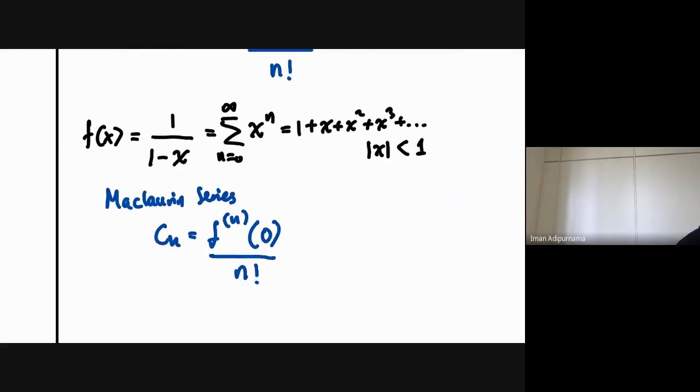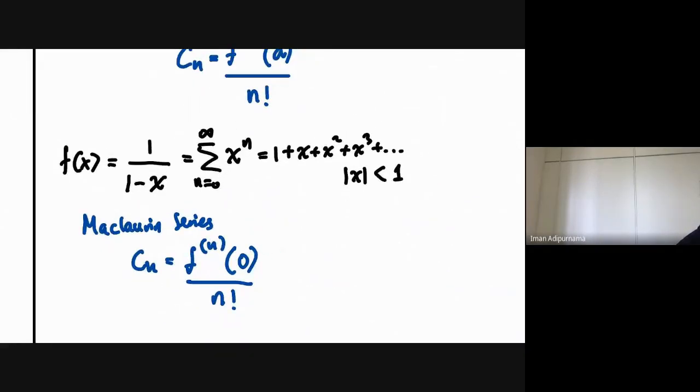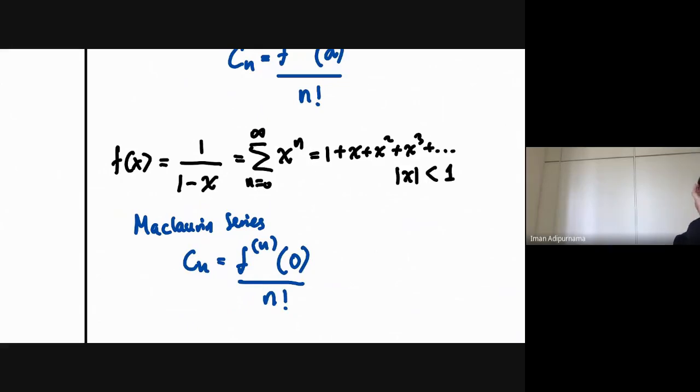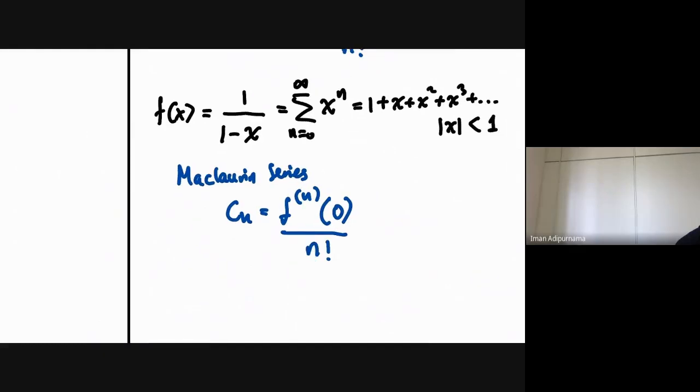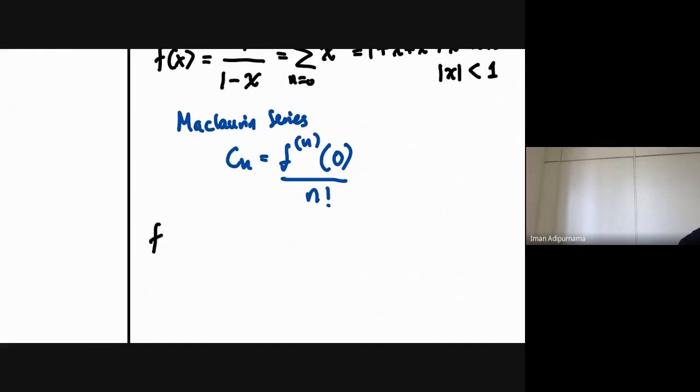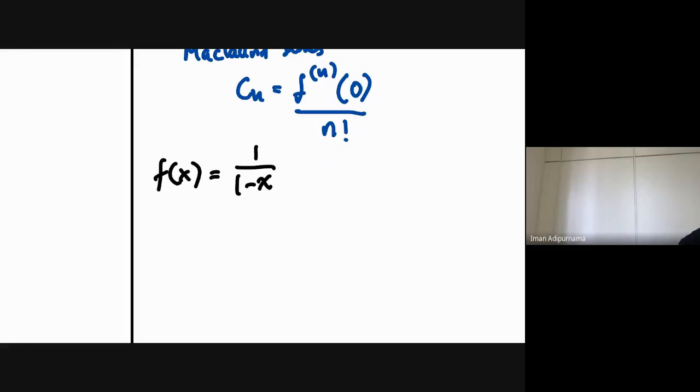Now, if you want to observe whether the function in the Maclaurin series is true or not, let's just write the function here. The first thing you need to do is derive several times. So f prime, the first derivative, is 1 divided by (1 minus x) squared, right?